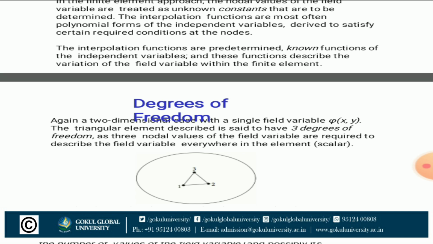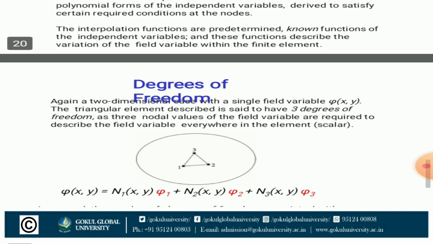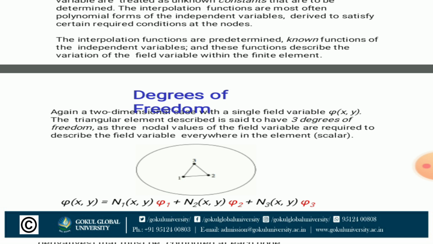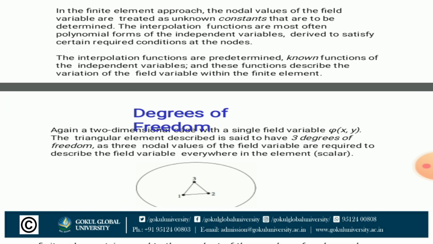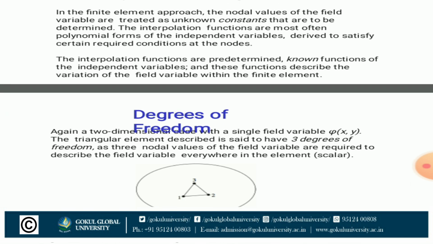Now we can say that phi of x, y is equal to the shape function of x, y, then at node 2 x and y, again at node 3 x and y.